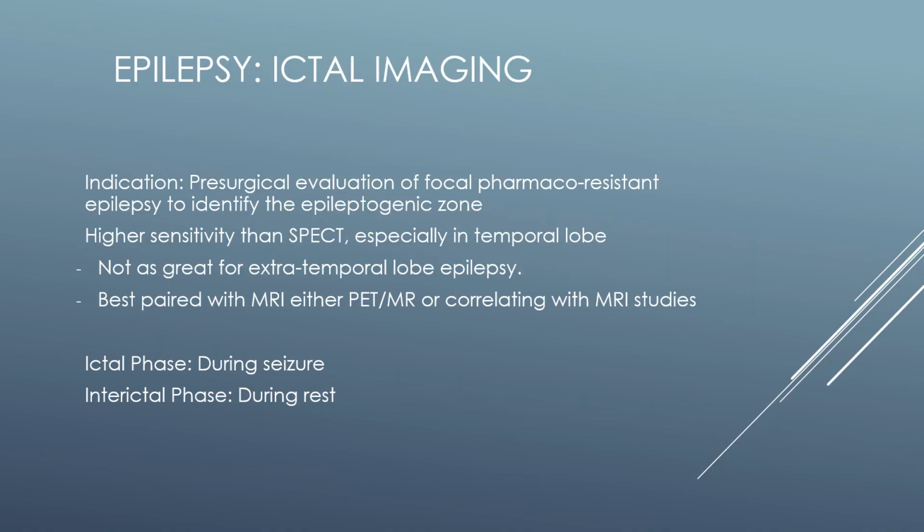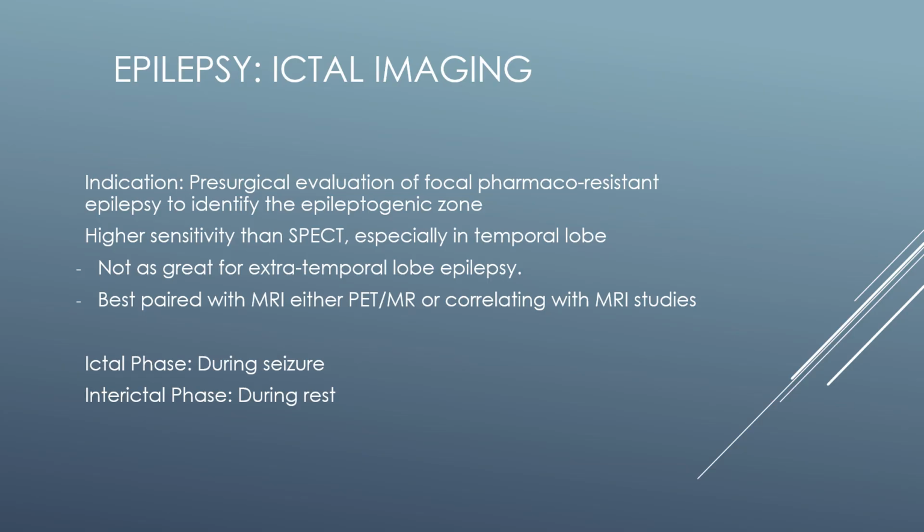Ictal imaging or epileptic imaging is often done as a pre-surgical evaluation, and this looks at pharmacoresistant epilepsy, so it's people whose drugs aren't working for them, they're still having seizures, and it's done to identify the area of the brain that the seizure is coming from so that doctors can operate on that specific area of the brain.